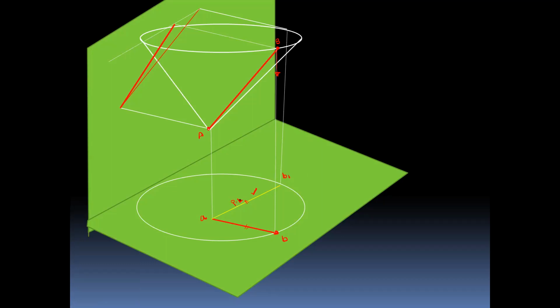Plan length means this is equal to the actual top view, but we get this plan length when we make the line parallel to VP and inclined to HP with true inclination.